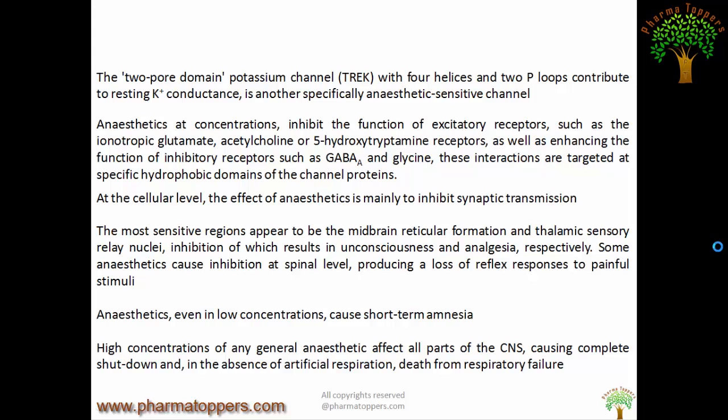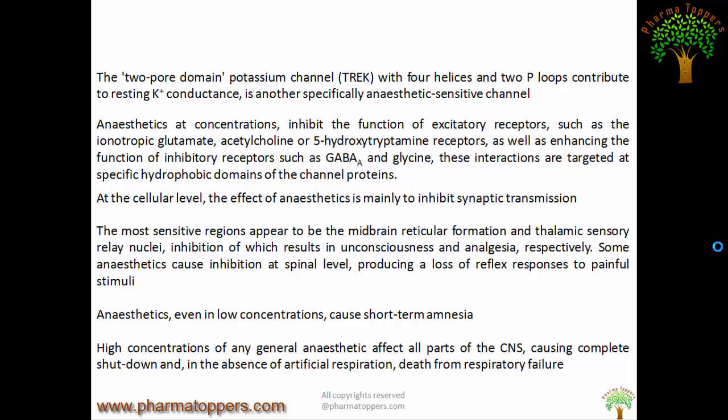Reduced acetylcholine release occurs at the peripheral synapse, thus reducing the sensitivity to excitatory transmitters due to the inhibition of the ligand-gated ion channel, or ionotropic channel, at the peripheral and the central synapses. Anesthetics, like other depressants of the CNS, are potentially addictive.